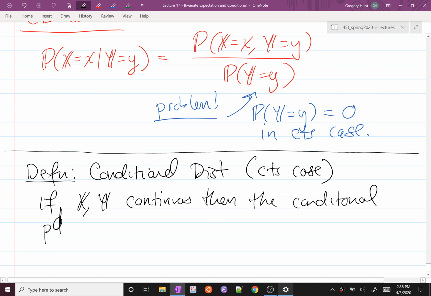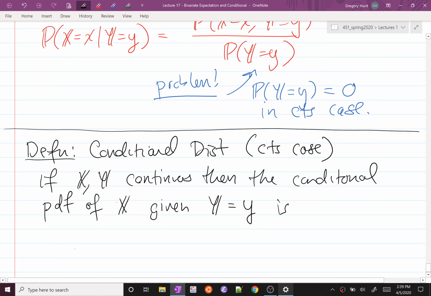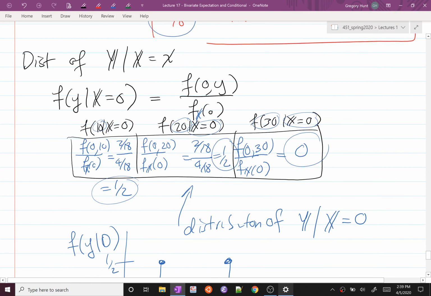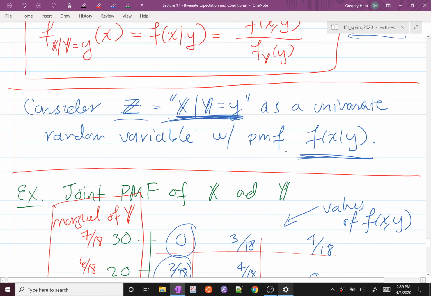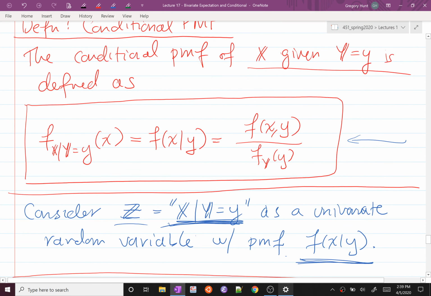The conditional PDF of x given y is equal to some value little y is, if you look back up at our discrete case, all we do is we take the joint PMF and we divide through by the marginal PMF of y.